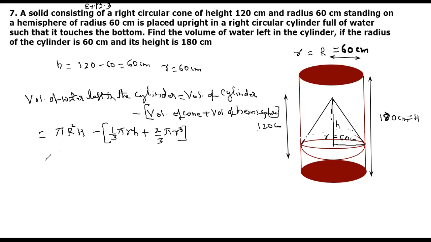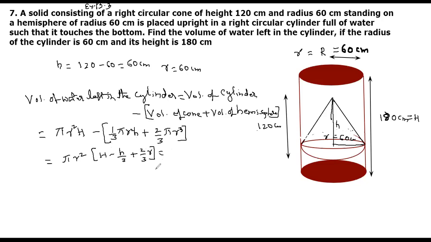Now substitute the values. Pi r square, take the same r, otherwise we cannot take it common. So replace this r by small r only, r square, and this is also r. So pi r square we can take common: pi r square, so h minus h by 3 plus 2 by 3, and pi r square is taken common, pi r is left.